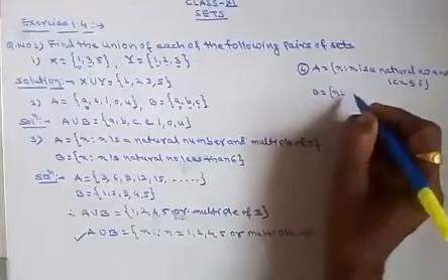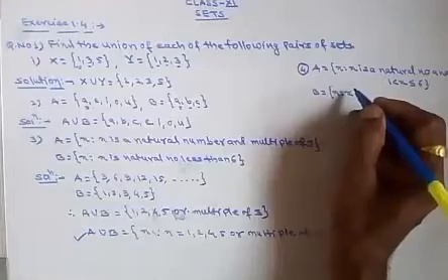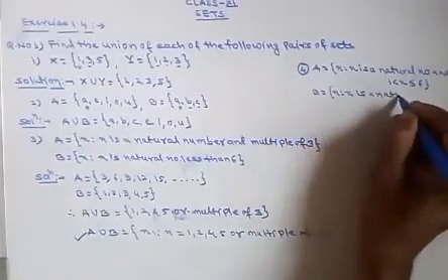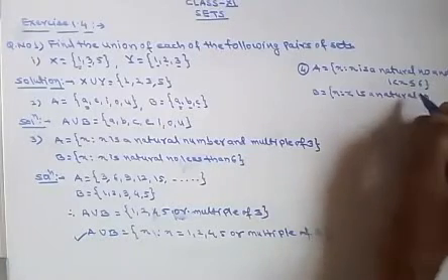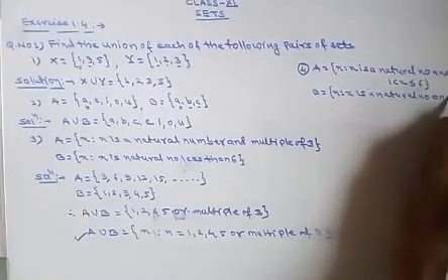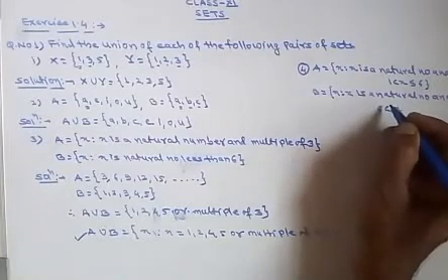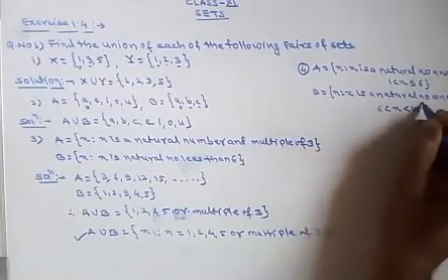The set B is a set of x elements such that x is a natural number and x is greater than 6 and less than 10.